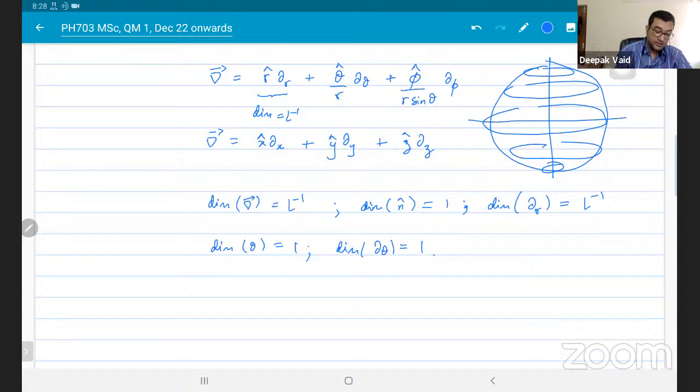You're changing this θ angle, and as you change it, the size of the circle changes. And how much does the size of the circle change by? This is r, the radius vector. This angle is θ, and what is this radius? This radius is r sinθ.